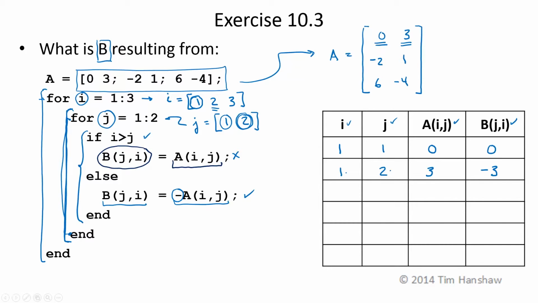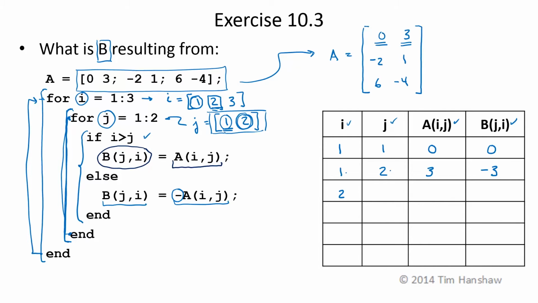That becomes -3. That finishes our decision, so we go to this end statement, which brings us back to this for statement. We finished all of the elements of j this time through, so we've done everything inside the outer for loop, which takes us down to this end statement, and we move to the next value of i, which is 2. We move into the inner for loop.